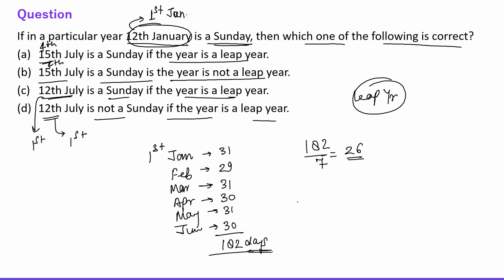26 into 7 is 182. It means 182 days is equal to 0 odd days. 0 odd days means these are 26 complete weeks.